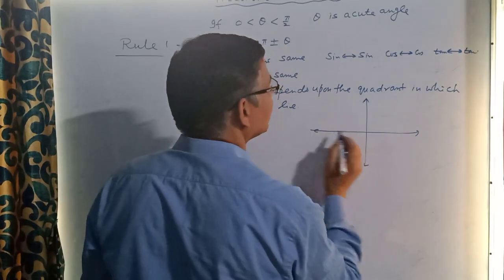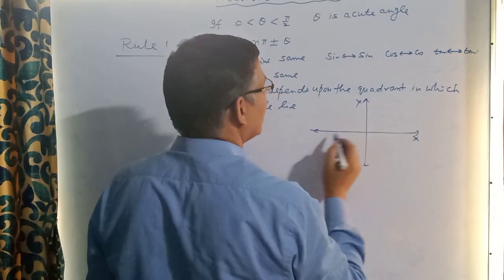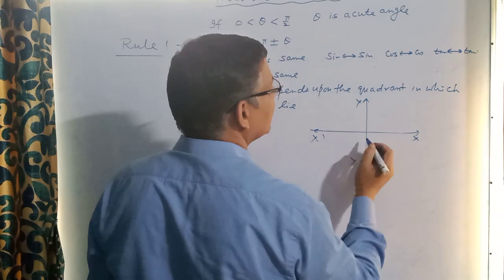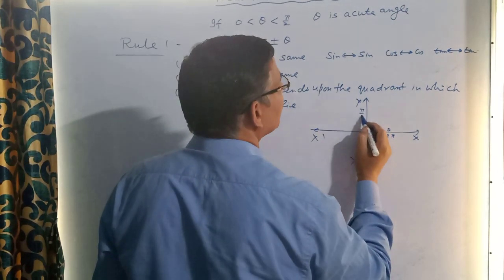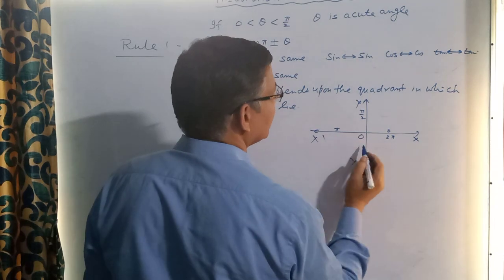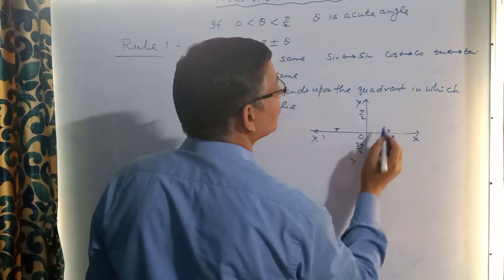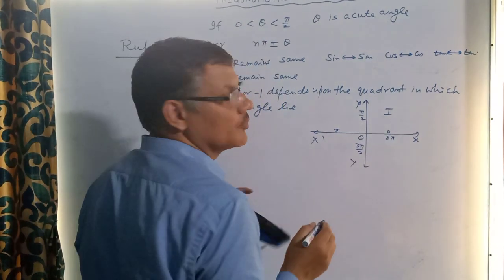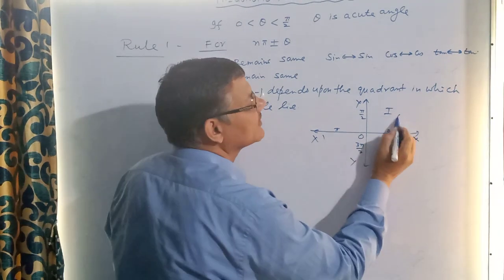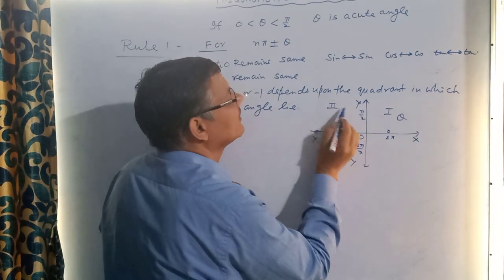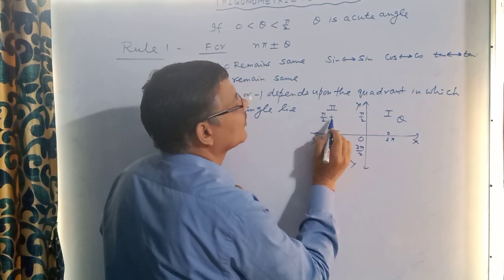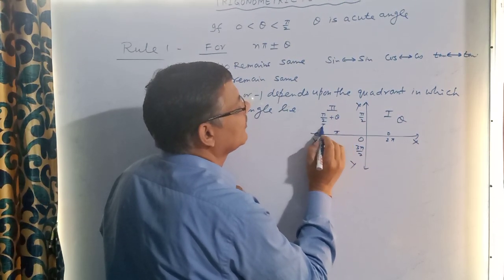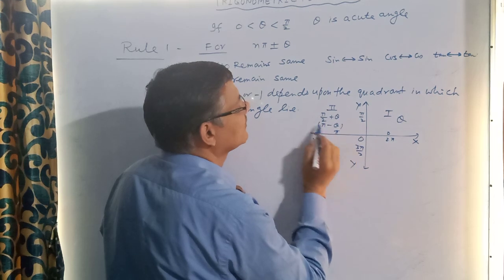So this is the x-axis, y, x dash, y, marked 0 to pi, pi by 2, pi, 3 pi by 2. The first quadrant, 0 to pi by 2, is only theta. In the second quadrant, it is either pi by 2 plus theta or pi minus theta.